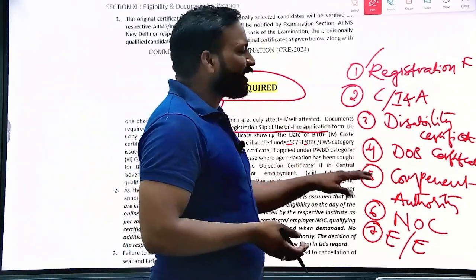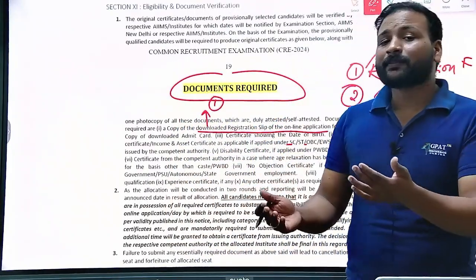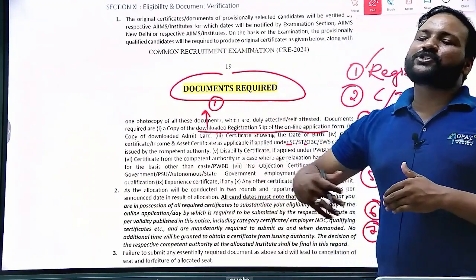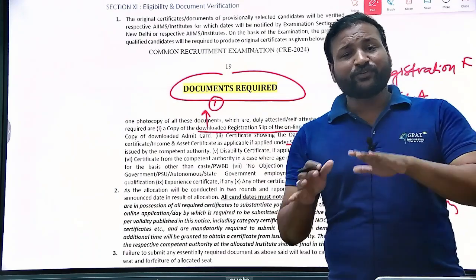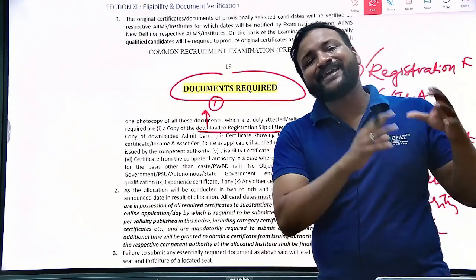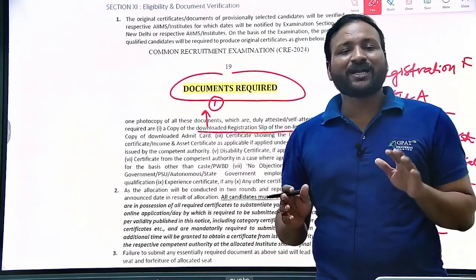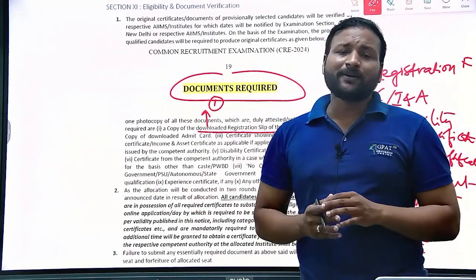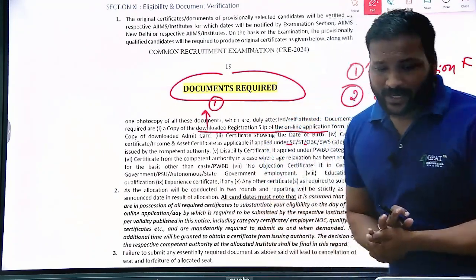If you fail to carry any of these certificates, at the end of the document verification you may lose the job. If your educational qualifications do not match what you have entered in your registration form, they will cancel your application. So enter your details carefully and carry all the certificates accordingly. Clear? Yes.